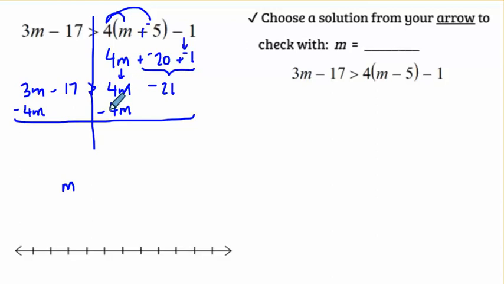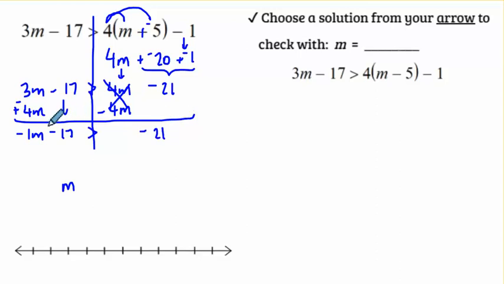And then these do cancel out. Now I'm going to have to leave change opposite. 3m plus negative 4m is negative 1m. I bring down my minus 17, bring down my greater than symbol, I bring down my negative 21.